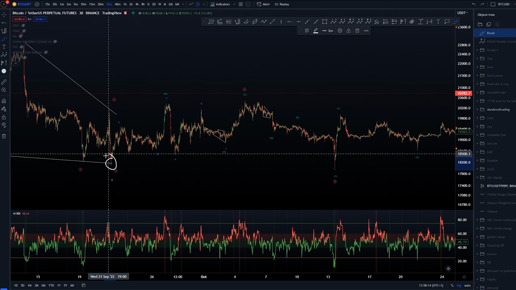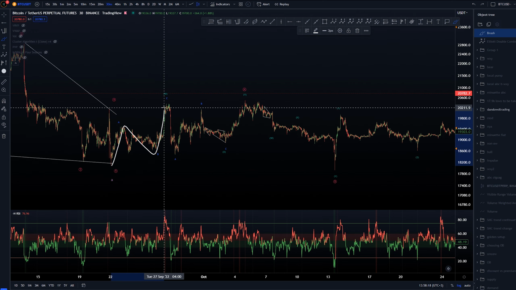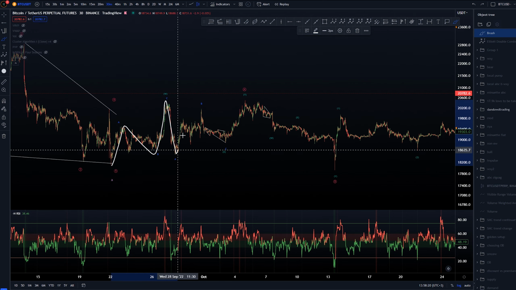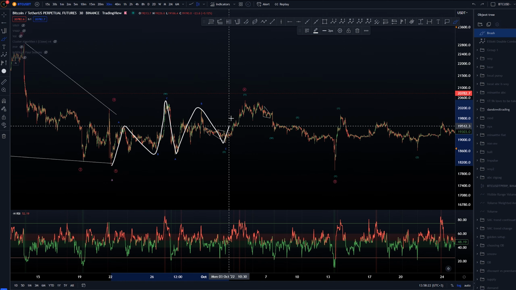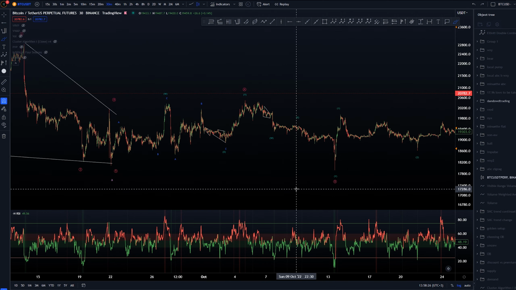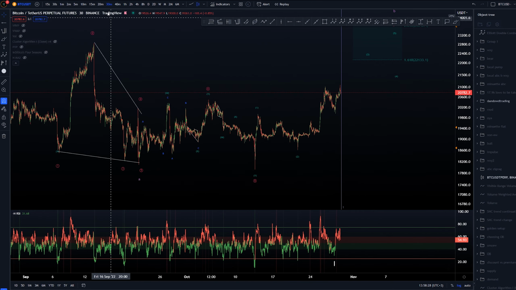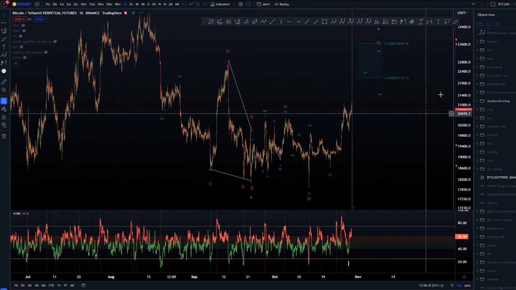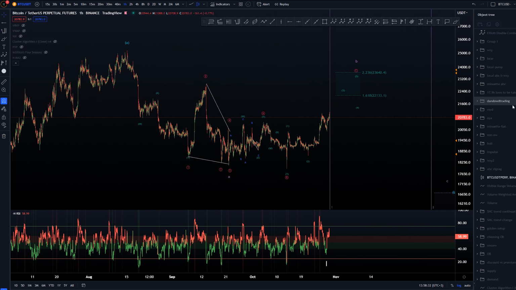And as we are ending a previous count at these lows, we have to be saying that this was an ABC, and this would be an ABC here as well, and then another 3-wave structure here to create this WXY. So just based on the smaller time frame structures, this is the reason that I don't really like this that much. But we'll just keep on looking at it and seeing how this smaller time frame progresses.